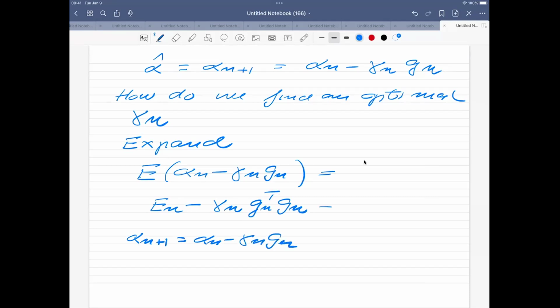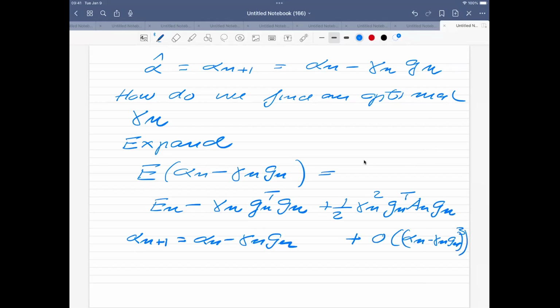Then I have a higher order term, the second derivative, with gamma_n squared, g_n transpose, times this lovely matrix A_n, and then g_n. And then I have higher order terms, to the power of 3. So this is my Taylor expansion.